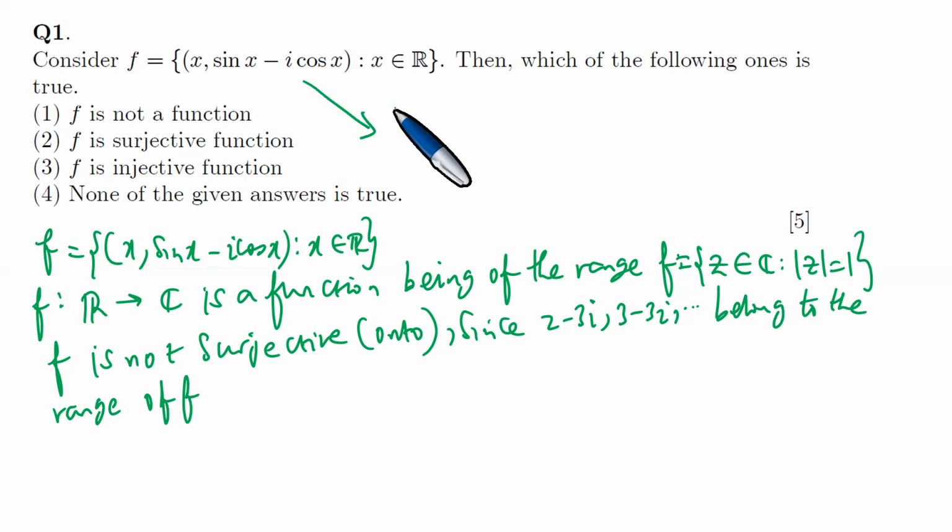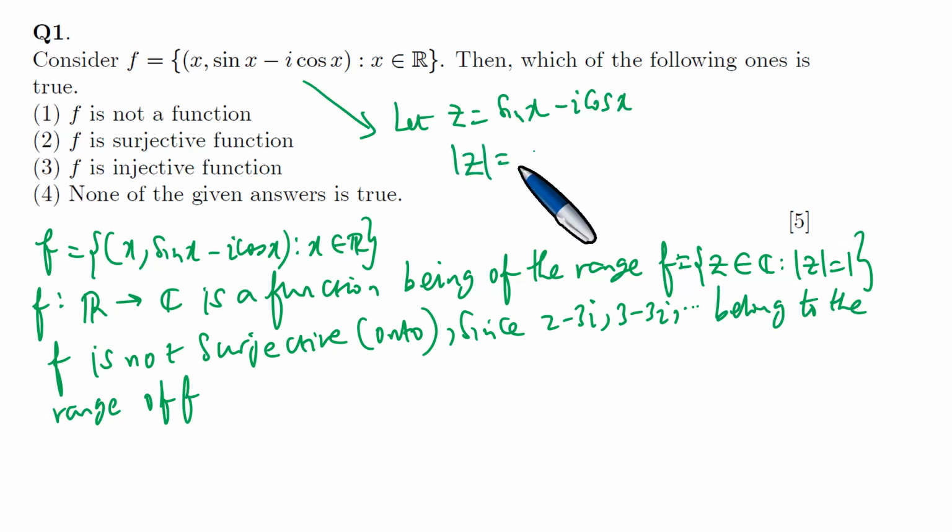If you let z become sine x minus i cosine x, then you can find the length of this. The length in mathematics is the modulus, which is the square of the real part, then we have the imaginary part, which is minus cosine x, and you square this part here.